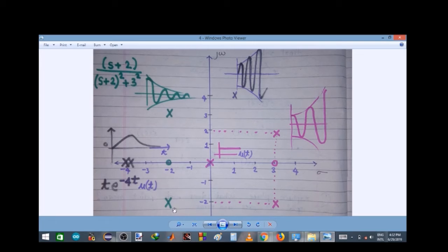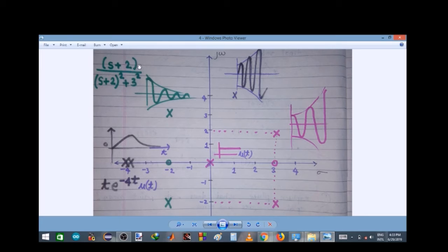Now let us look at this very interesting plot. There are two poles at minus 2 plus minus 3j, and there is a zero at minus 2. This is the function that we have plotted: s plus 2 divided by s plus 2 square plus 3 square.